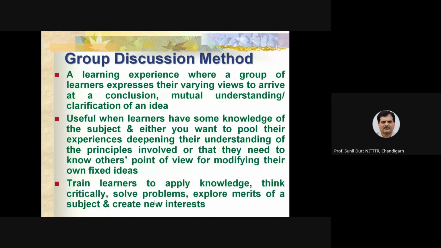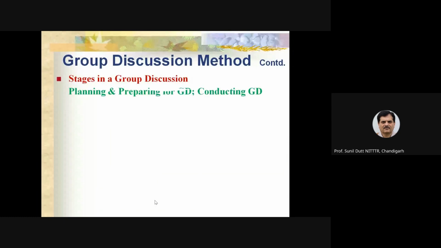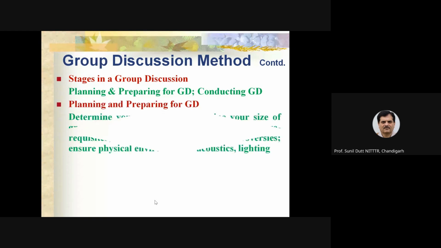For this, you need to train your students to apply knowledge, think critically, solve problems, explore merits of a subject, and create new interest. Stages: one is planning and preparing for group discussion, and the other is conducting GD. Now, planning and preparing for group discussion.